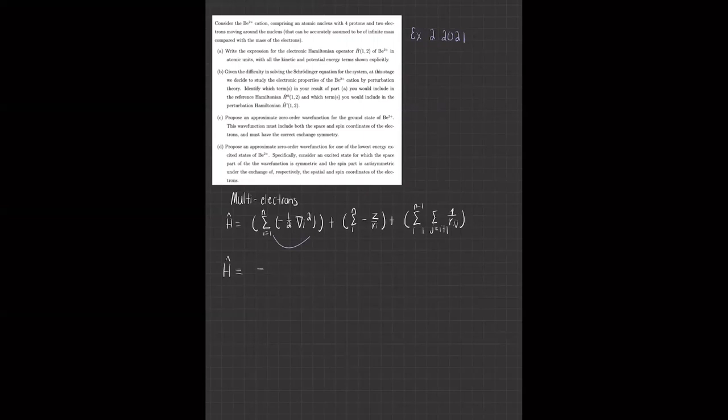So we have -1/2 ∇1 squared and -1/2 ∇2 squared. And so we got 2 terms here, and we're going to have another 2 terms. So it's going to be -Z/r1 and -Z/r2.